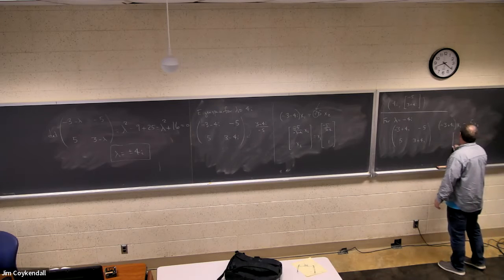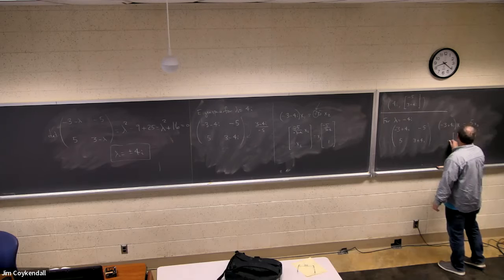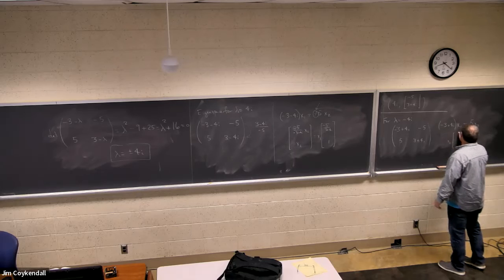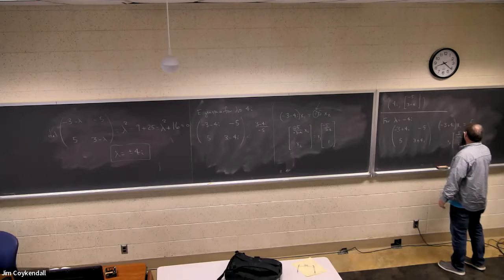And so I get the eigenvector 5 over -3 plus 4i and 1.